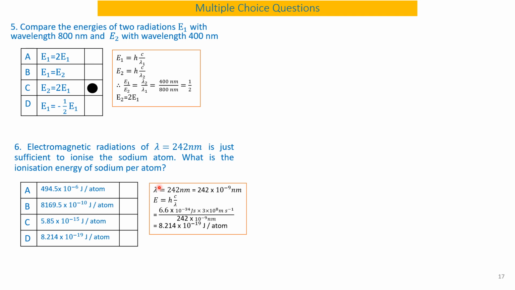Calculations are shown in the figure where the lambda value is given, and we have to remember the value of Planck's constant and calculate. The answer comes to 8.214 into 10 to the power of minus 19 joules per atom. This answer is available as option B. Please mark it.